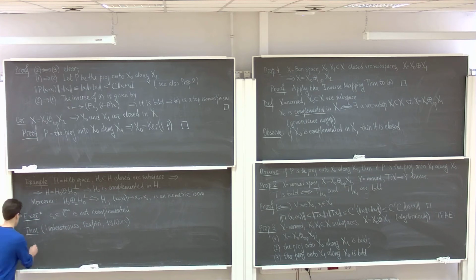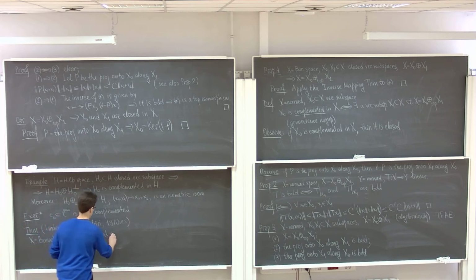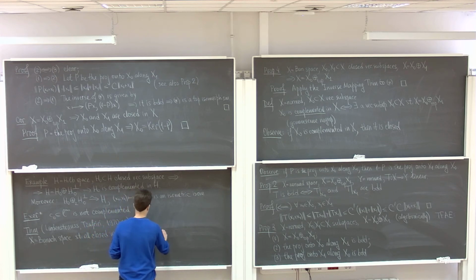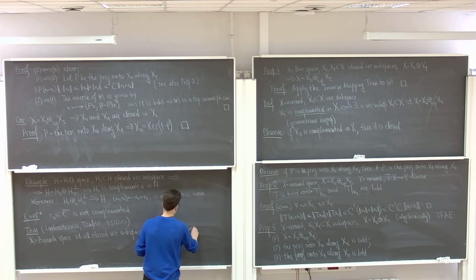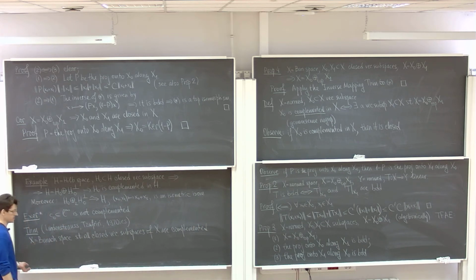If X is a Banach space such that all closed vector subspaces are complemented, then it turns out that X is topologically isomorphic to a Hilbert space.